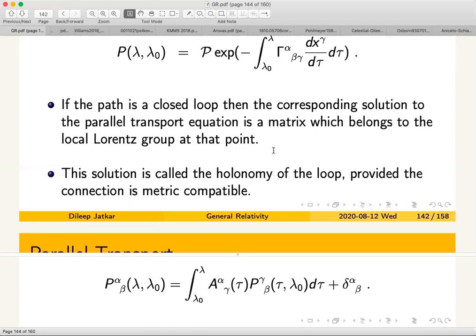Of course, if you are in a flat space, it would be pointing in the same direction. But if you are in a generic curved space, the new vector could be pointing in a different direction. So we want to ask a question: what transformation do you need to do to bring this vector back to the vector that we started off with? That matrix is the one which is called the holonomy of the loop.